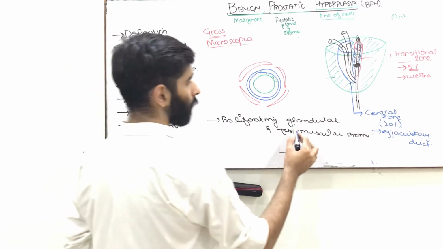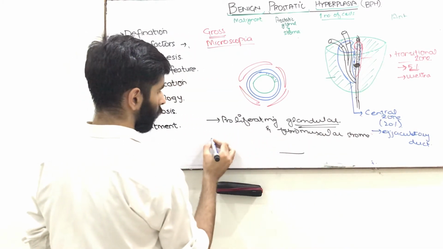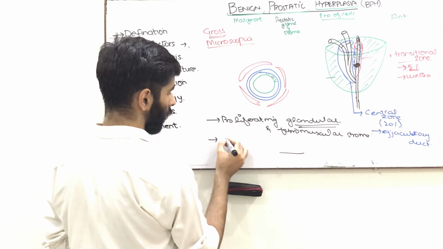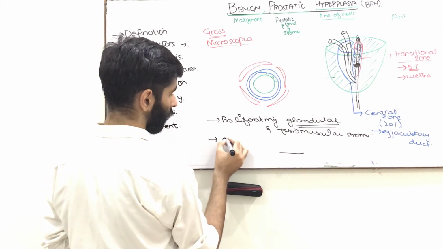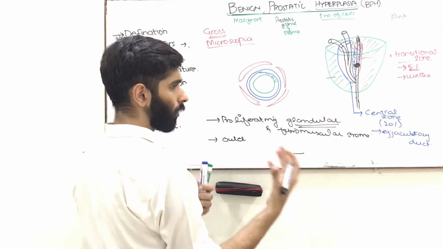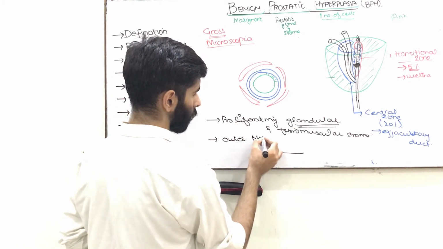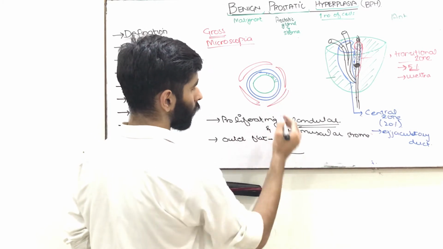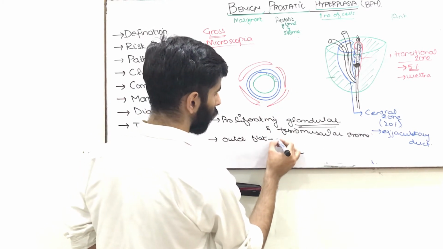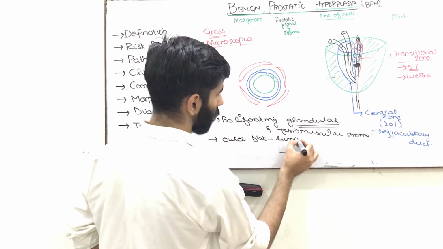Now if we see these glandular components, there is an outer layer of cuboidal to flat cells. Inner to this basal layer there are luminal cells made up of tall columnar cells.